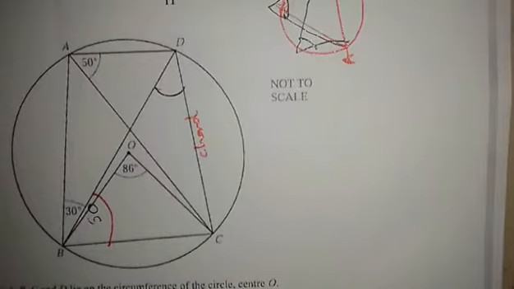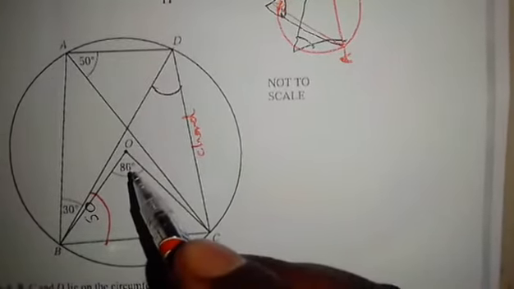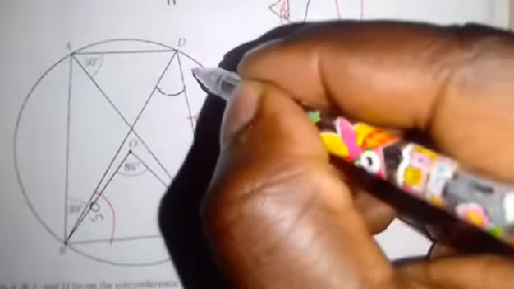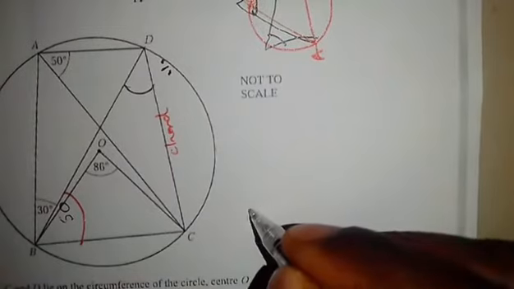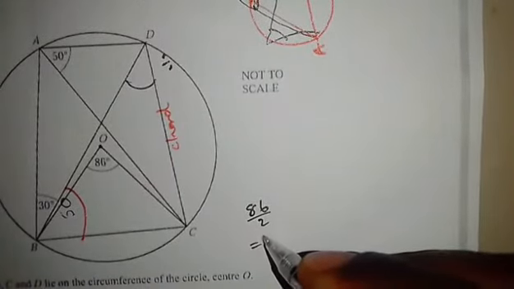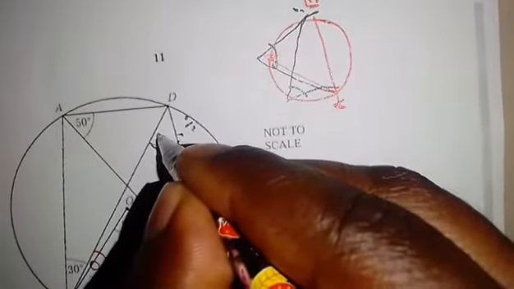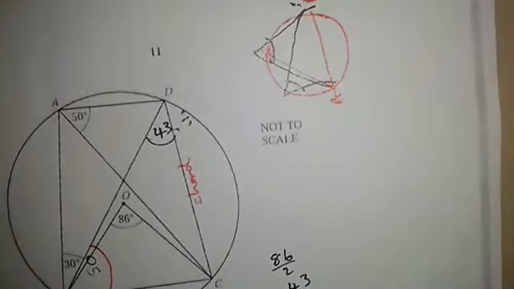Takadzidza theorem yekuti angle at the center is twice angle at the circumference. Saka angle iri pa center iyi ndi 86. Kana uchida kuwana angle iri pa circumference unoiwana nekudivide. Saka unenge wakutora 86 womudivida na 2. 86 divided by 2 panobuda 43. Meaning kuti angle iyi iri pana D ndi 43. Angle at the center is twice angle at the circumference.